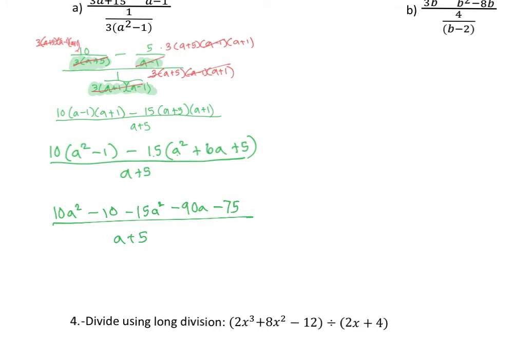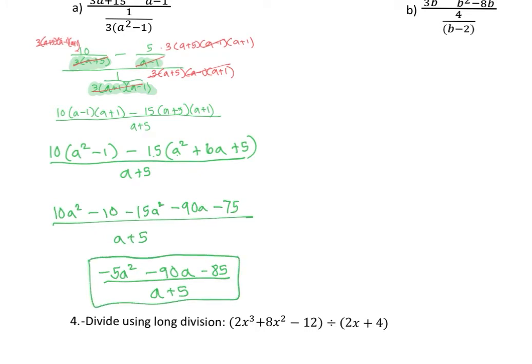And if you combine like terms, we end up with negative 5a squared minus 90a minus 85, all over a plus 5. All right, so that was pretty intense.